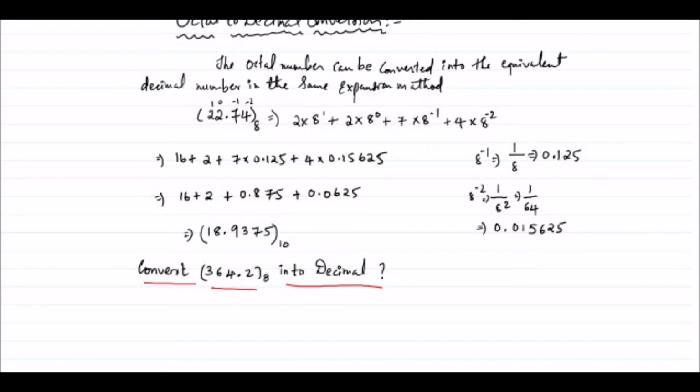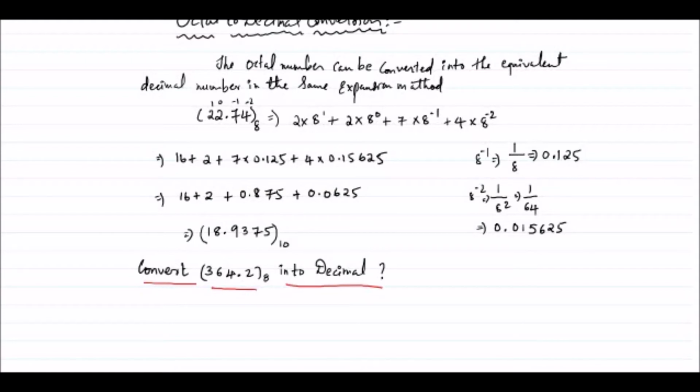So for that we need to follow the expansion method. I'll write the positions 0 and 1, and minus 1 and minus 2. These values will be the powers of the radix value multiplied with each digit.